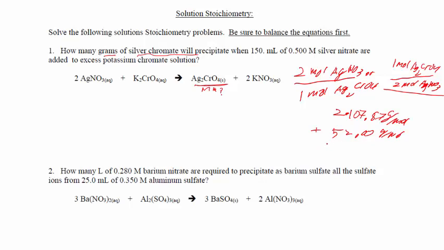And then 4 times 16.00 grams per mole. And I know this is 64, I know this is 52, and this I'll calculate out. 107.87, let's see.